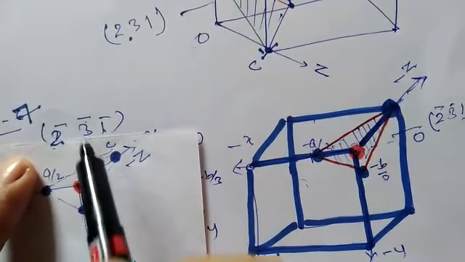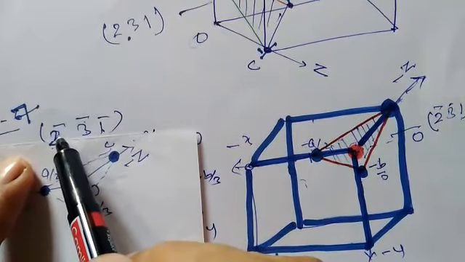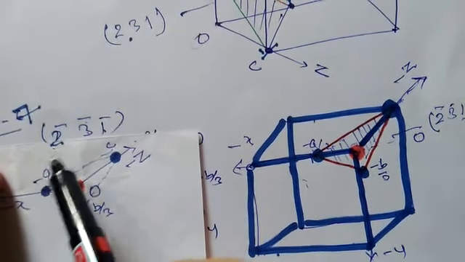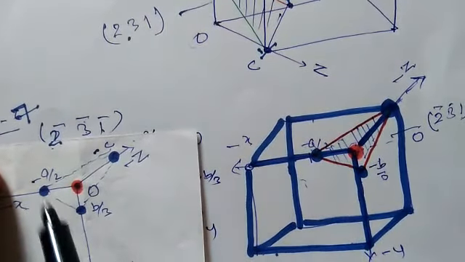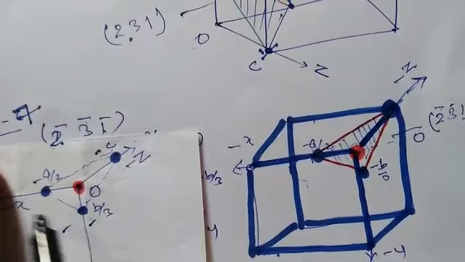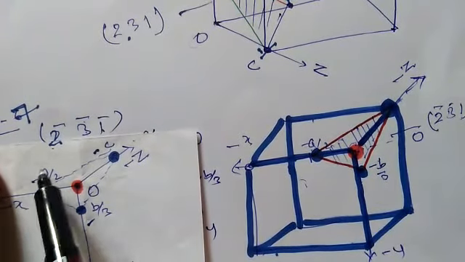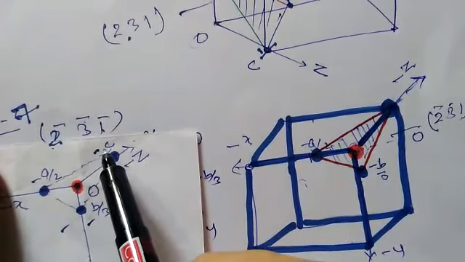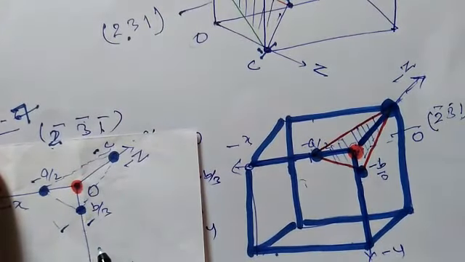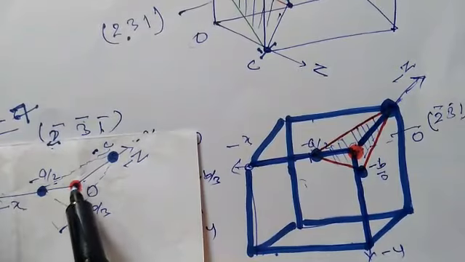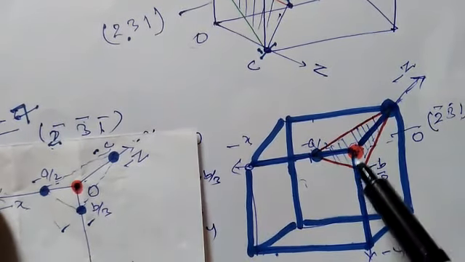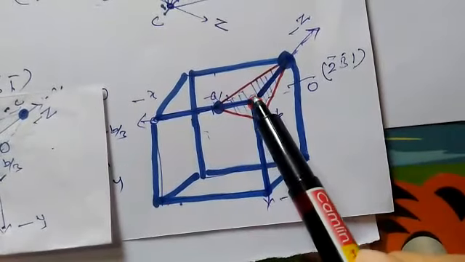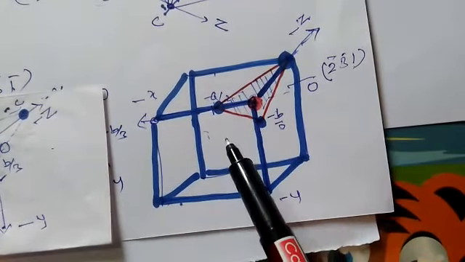It means the intercepts will be minus a by 2, minus b by 3, and minus c. So here minus b by 3, here minus a by 2, and here minus c. So all axes are negative. This is z negative, this is y negative, this is x negative. So you have to select this point as the origin. In this diagram, we are selecting this as the origin.